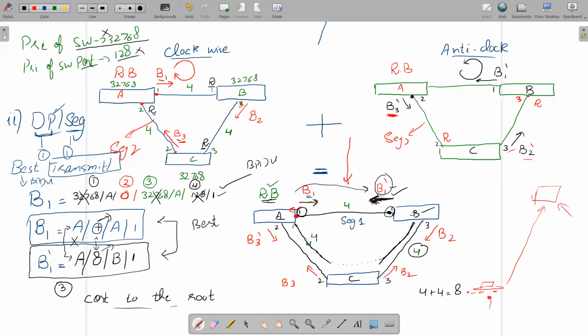So it has 0 cost, it will win the election, and this port, port number 1, would be elected as a designated port. And that's how we select the designated port in a particular segment. Are you guys with me? And this is really very interesting. Nobody will tell you this way.